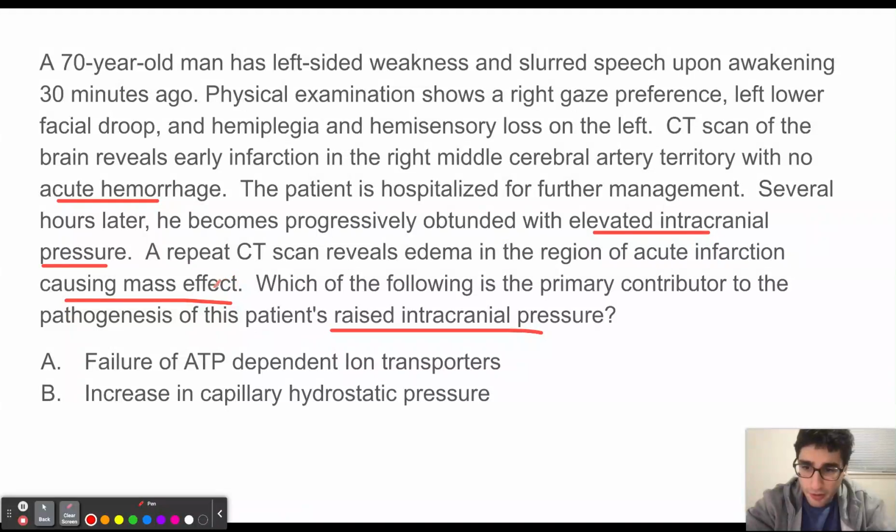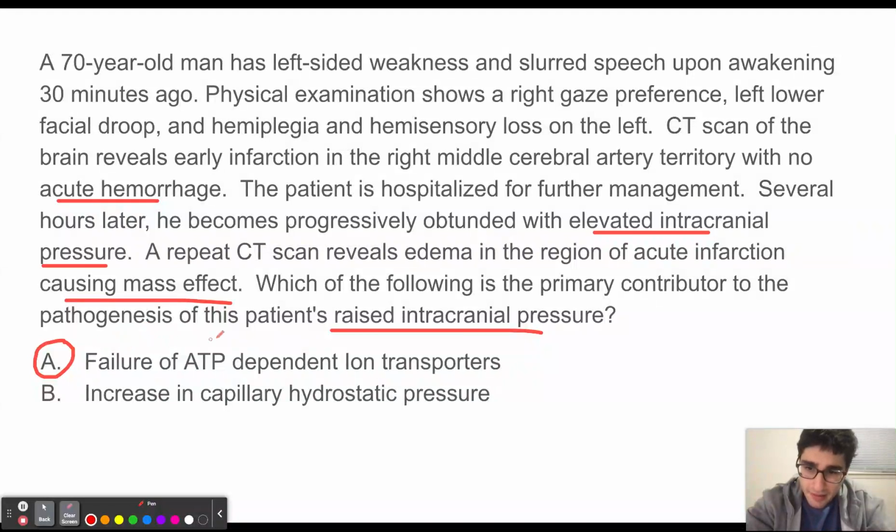Cytotoxic edema occurs hours following damage to the brain, and that is going to be characterized by low ATP levels that leads to accumulation of sodium within the cell due to the sodium potassium pump not working. And so water is going to flow into the cell and increase the intracranial pressure.